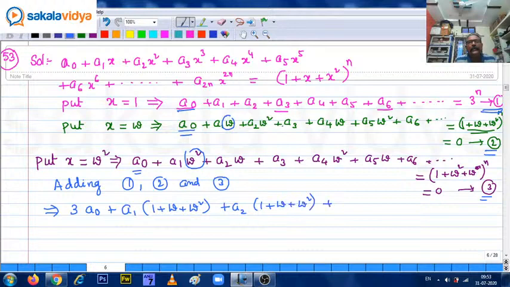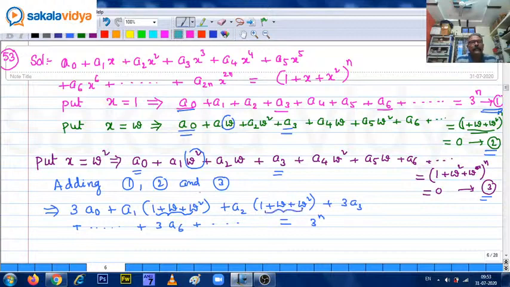Next we have a3, that will be 3a3, and so on, you will be getting 3a6, equal to 3^n plus 0 plus 0, that is 3^n. So this will be 0, this will be 0.